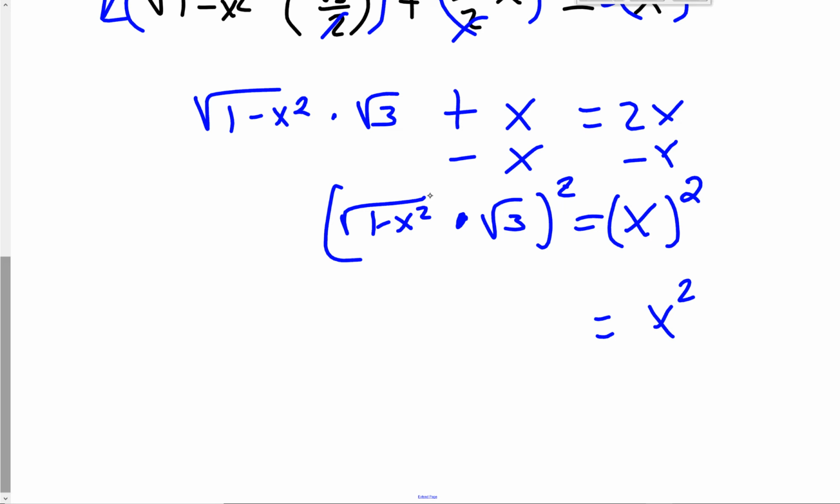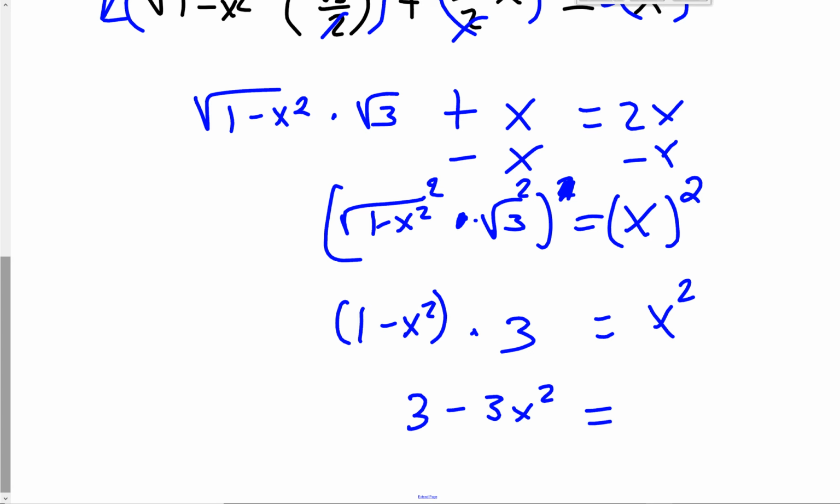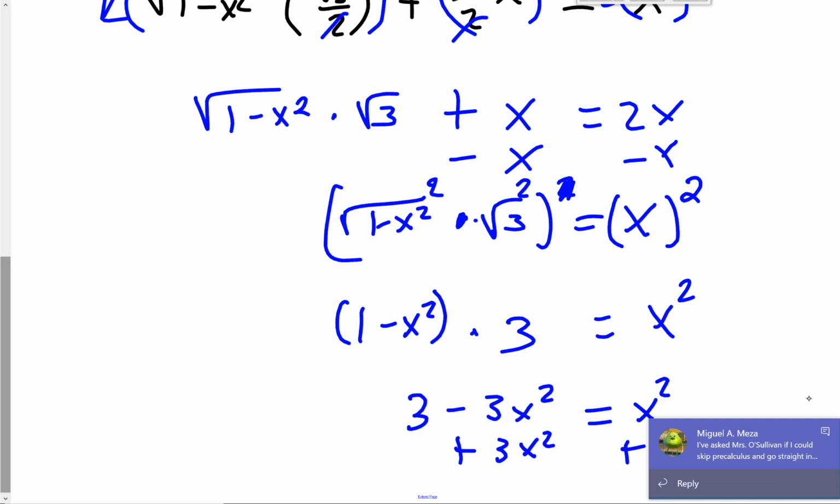So this is being multiplied, so I can distribute this squared here and that squared there. So this is just 3 times 1 minus x squared. So I can distribute that 3. And I could have really done that in the beginning, because they're both square roots, so I could distribute the 3 to both of those and then square it, but I would get this same thing. Then I can get my x squareds by themselves because it's a quadratic.